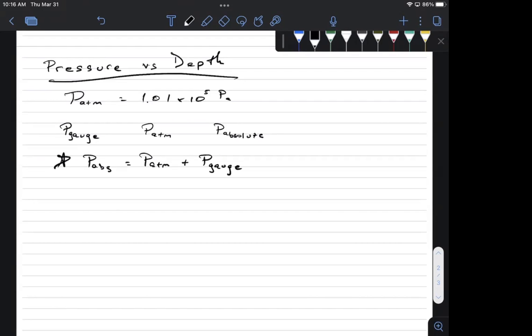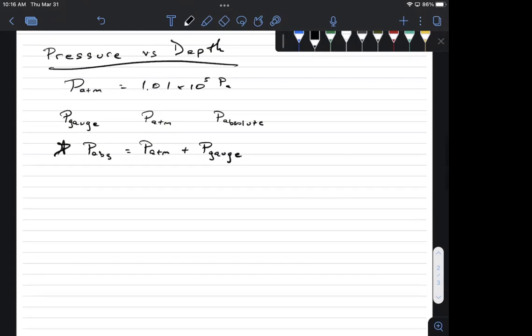Now, once we have this, the actual relationship we're going to discuss, I'll go ahead and give the equation now, and in next class we'll go over how this comes about. But the equation we're going to use is the pressure, or the gauge pressure, felt by an object which is at some depth underneath the surface of a fluid, is given by rho, the density of the fluid.